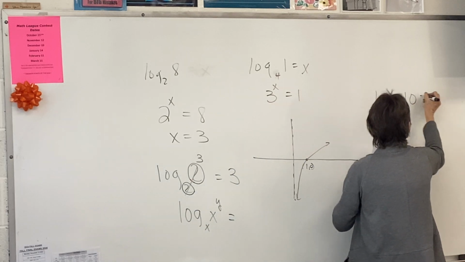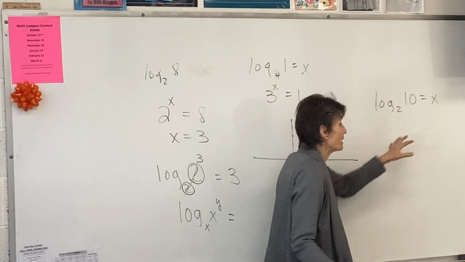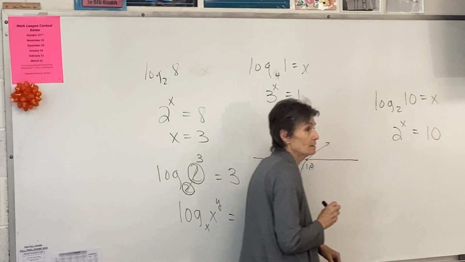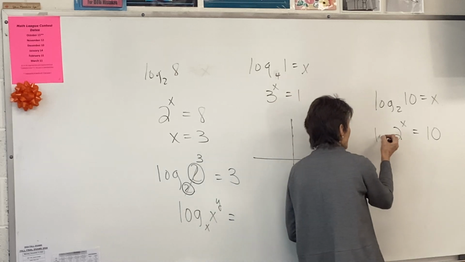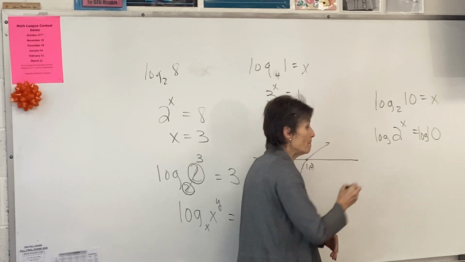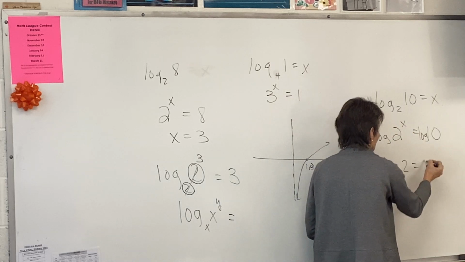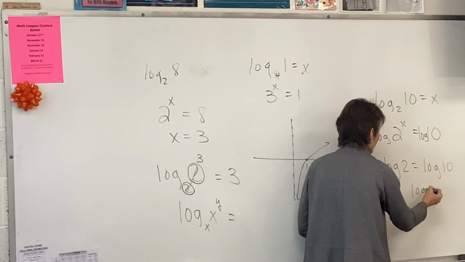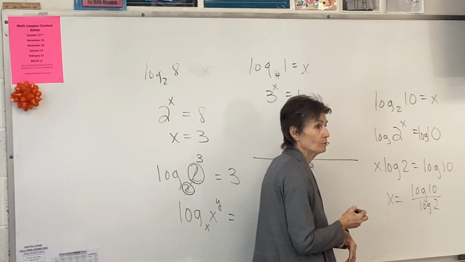We are being asked to evaluate this, and that means that 2 to the x equals 10, right? So now I'm going to take the logarithm of both sides, because that will pull my exponent off in front. And what I end up typing in on my calculator is log 10 over log 2.